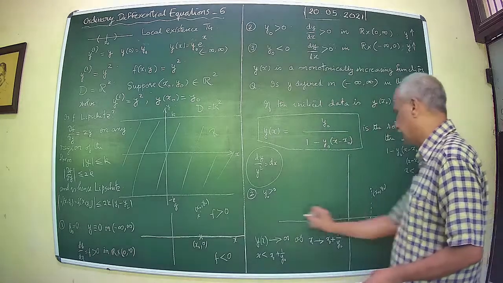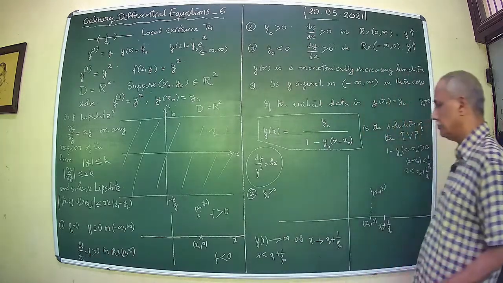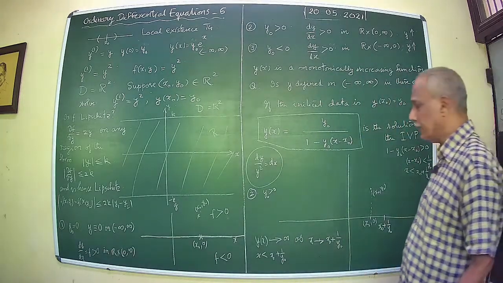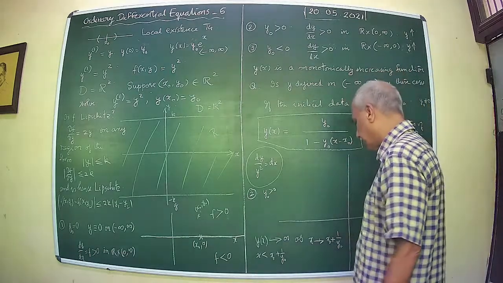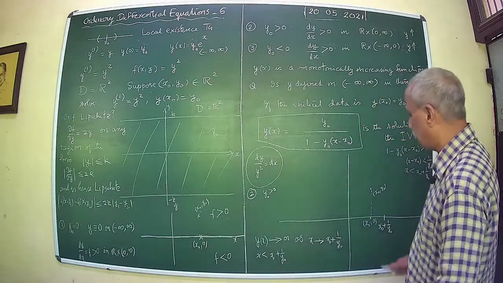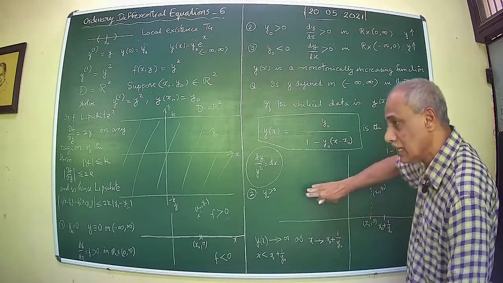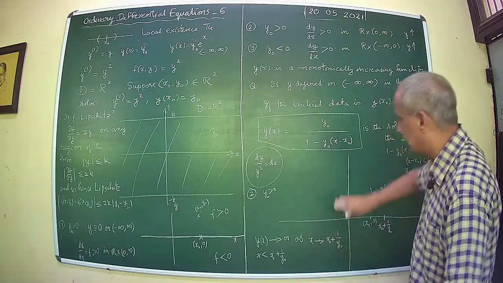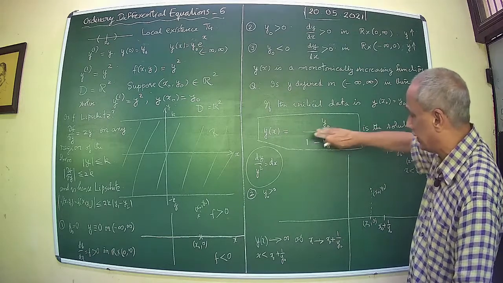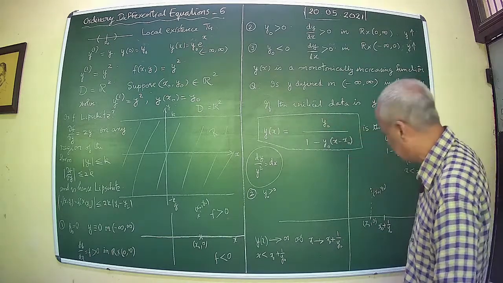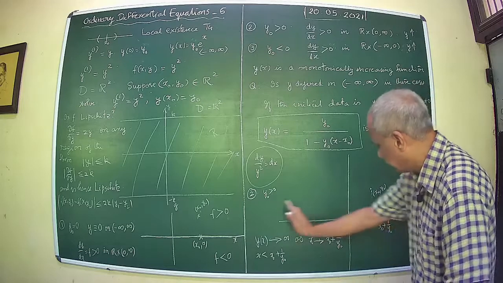So on this side, the solution is a monotonically increasing function, and the graph stays in the upper half plane, because y(x) is always positive on this part of the interval.